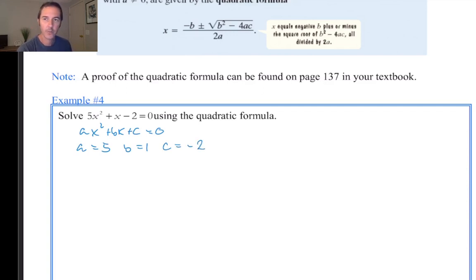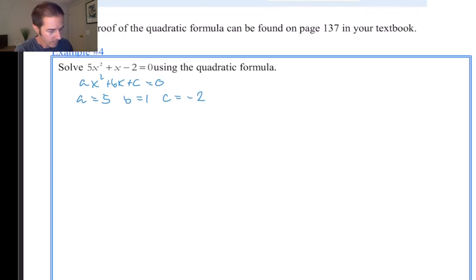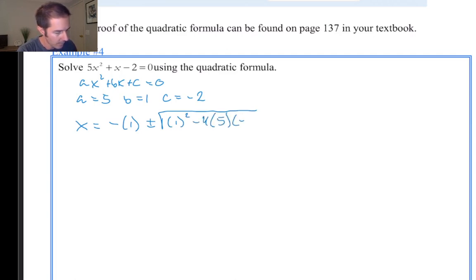And let's plug those into the quadratic formula. x equals the opposite of our b value, which is a 1, plus or minus the square root of our b value squared minus 4 times our a value of 5 times our c value of -2, all divided by 2 times our a value of 5.